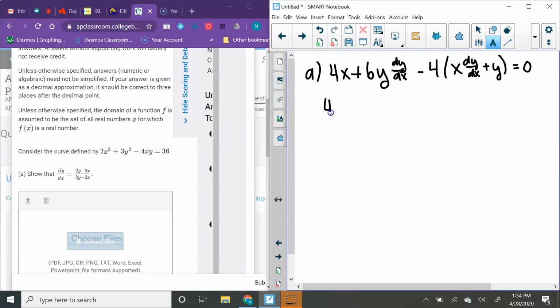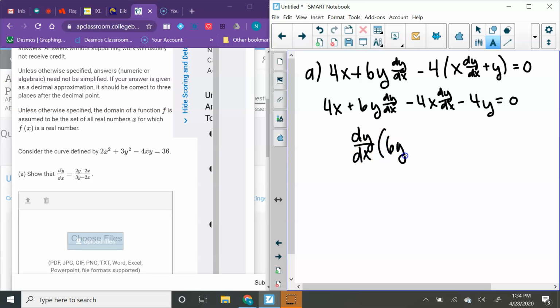So we've got 4x plus 6y dy dx minus 4x dy dx minus 4y equals 0. So we're going to keep our dy dx stuff over here on the left. We'll go ahead and factor it out. And I'm going to move this 4x and this negative 4y over to the other side.